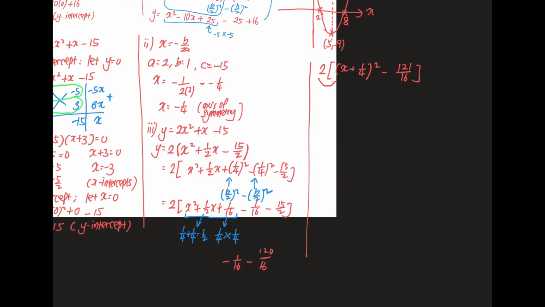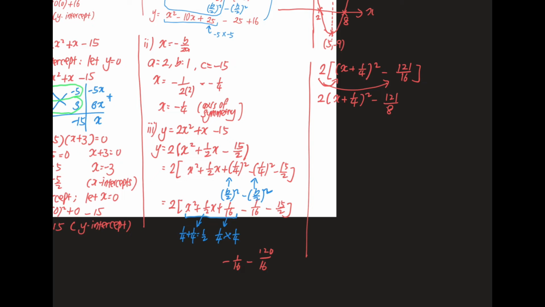Then I multiply by 2 with these, so I get 2 times (x plus 1 over 4) squared minus 121 over 8. We have done completing the square until here.